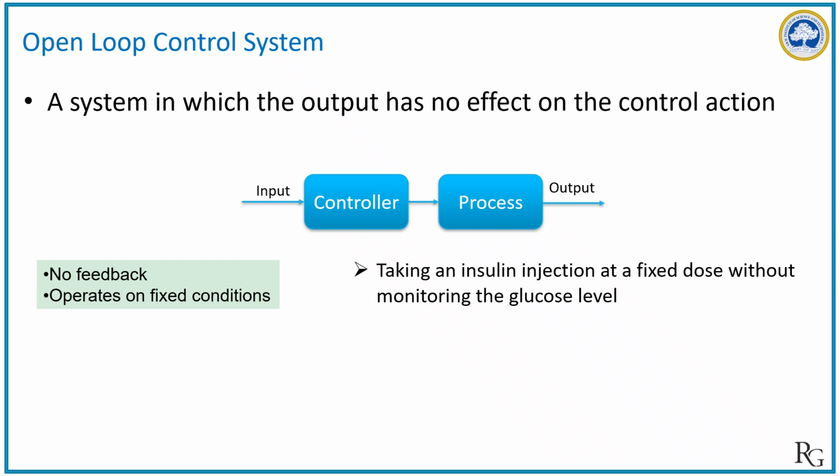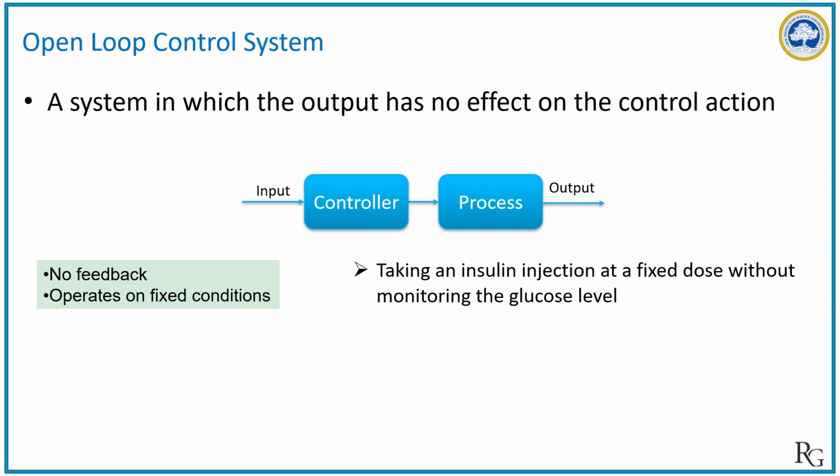Now we will focus on the open loop control system. As we already discussed in our previous slide, an open loop control system is one where the output has no effect on control action. That means the system does not measure or correct the output based on its behavior. A common basic biomedical example would be a fixed dose insulin injection.